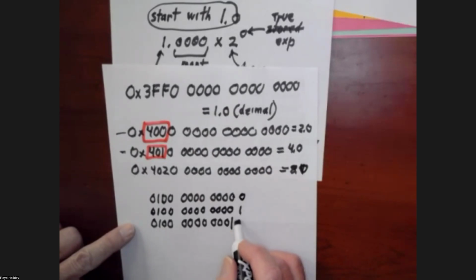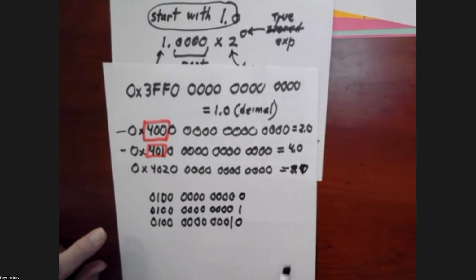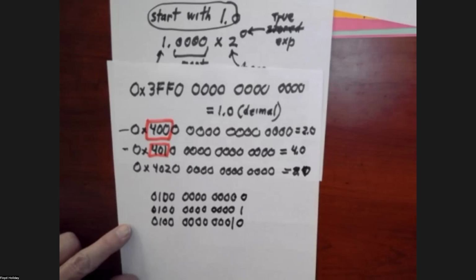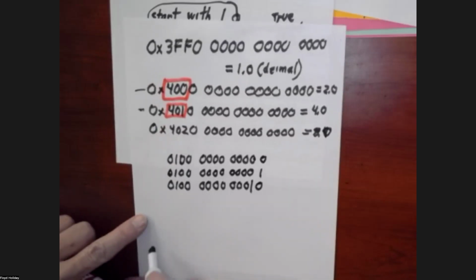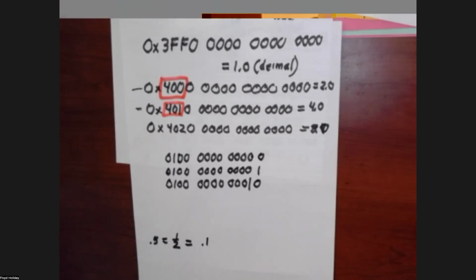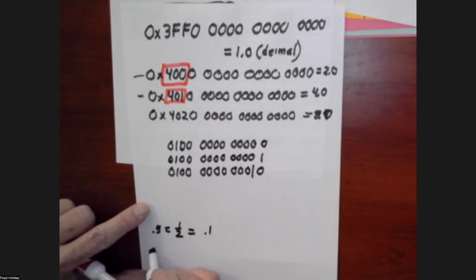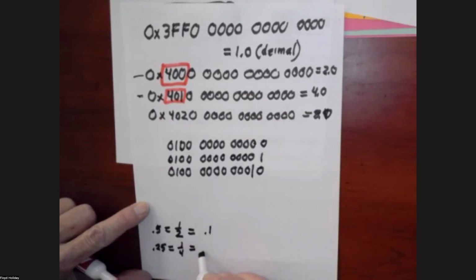So a 1 in the fraction is a half of something. 0.5 in decimal is a half, but that's 0.1 in binary. Half of that is 0.25, or 1/4, which is 0.01.